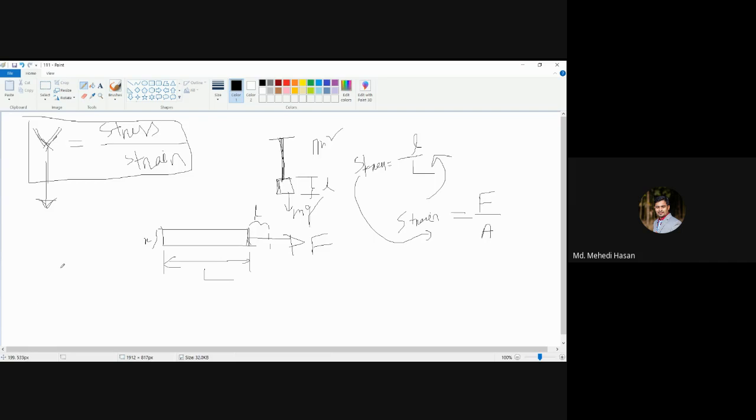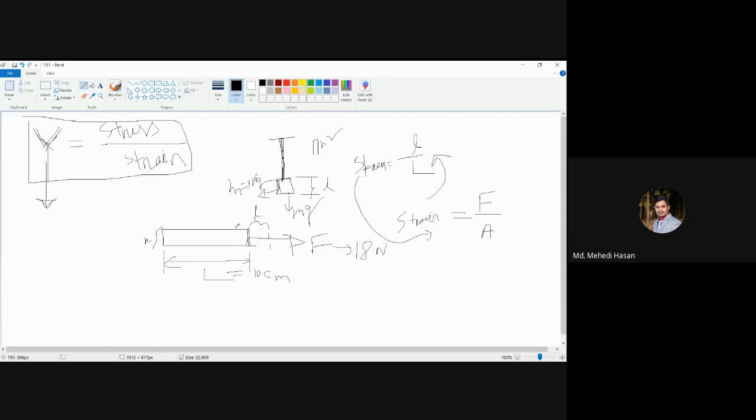Now if the question is given, say the initial length of an object is 10 centimeter, and we apply a force, or we attach a mass m equal to 3 kg, or we apply a force of say 8 newton or 18 newton.